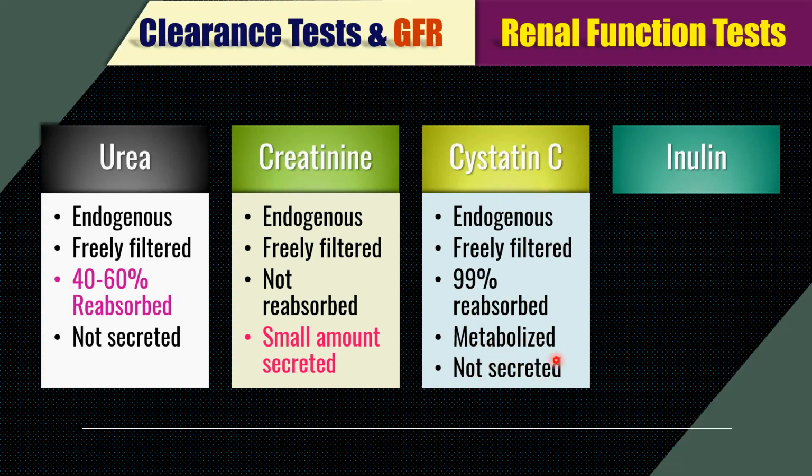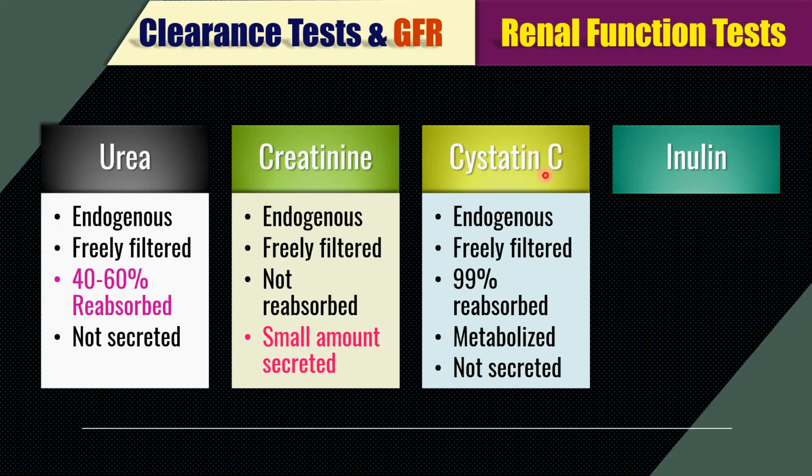So this satisfies almost all the conditions, because here most of it is reabsorbed and degraded within the tubular cells. So this is a good marker again, but there is no standardized or popular method to estimate cystatin C.